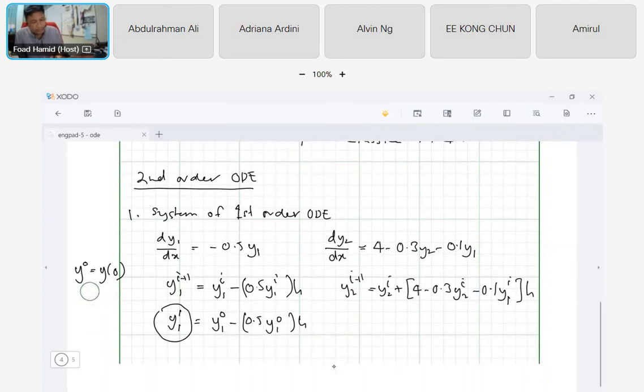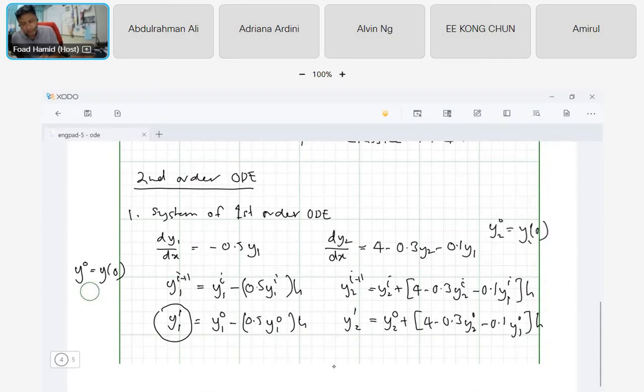And for the first iteration, y2 at 1 equals y2 at 0 plus 4 minus 0.3 y2 at 0 minus 0.1 y1 at 0 times h. Note that y2 at 0 is the initial condition.